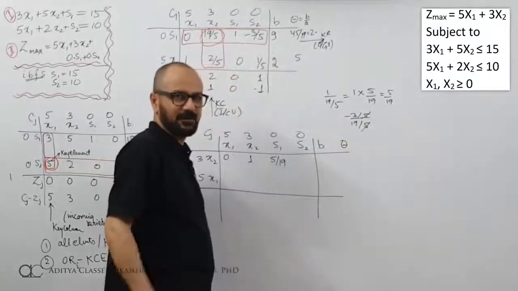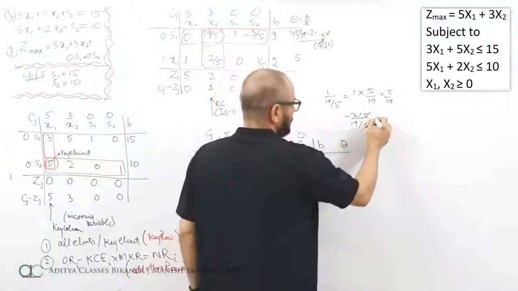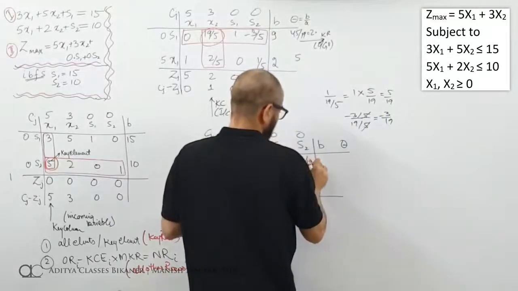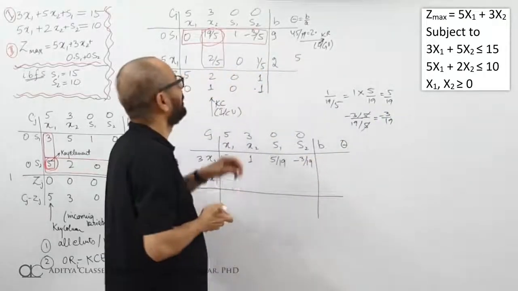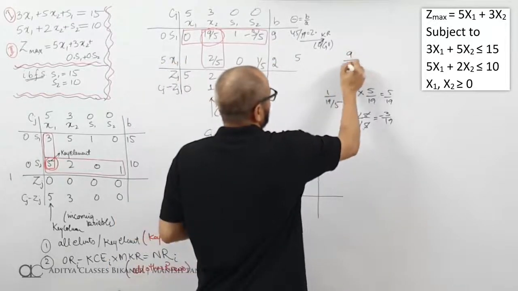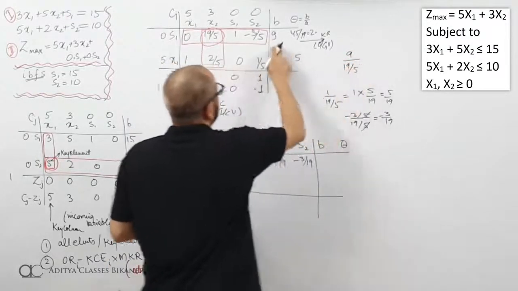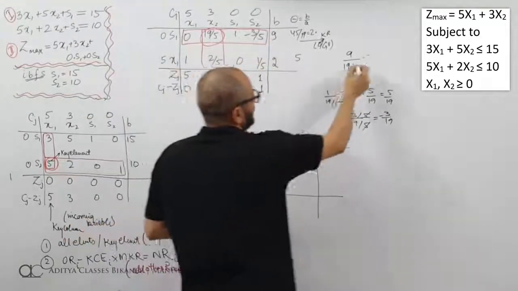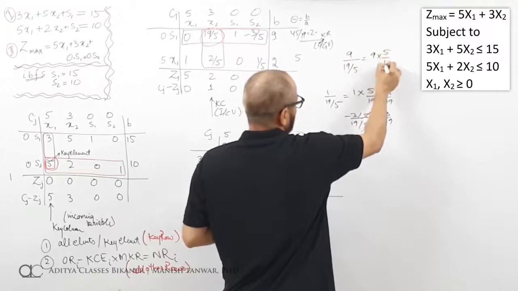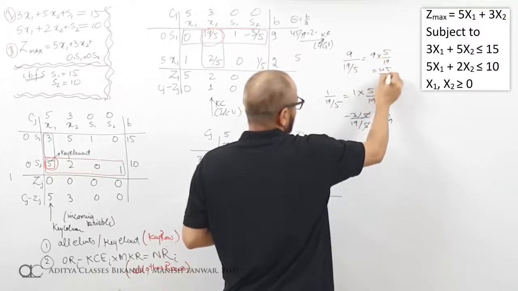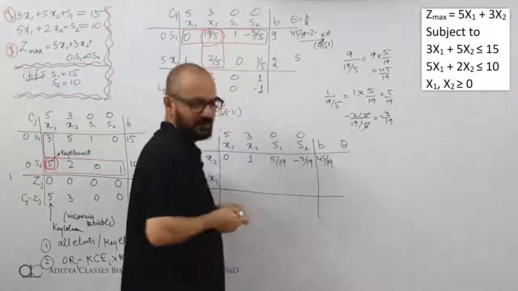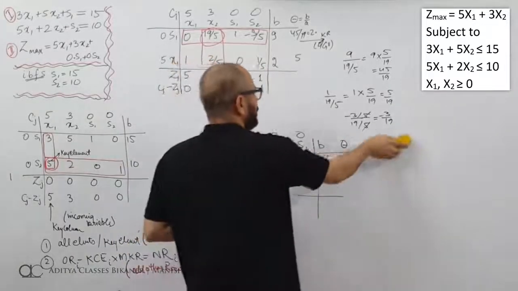Both denominators are 5, they get cancelled out. You are left with minus 3 by 19. And the last one is 9 divided by 19 by 5, which gets flipped to 5 by 19, making it 45 by 19. This was my transfer of the key row.